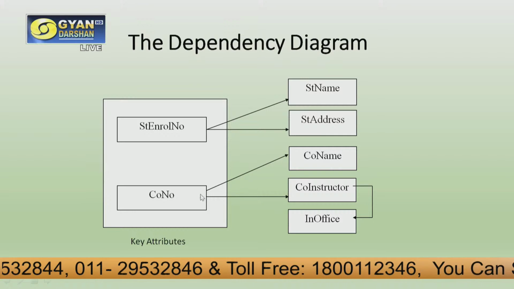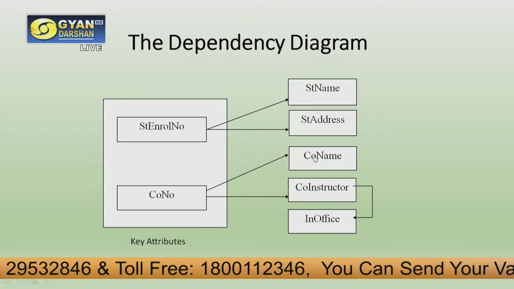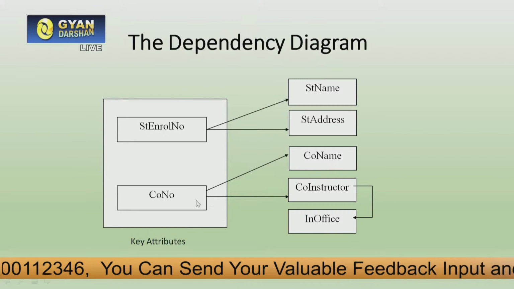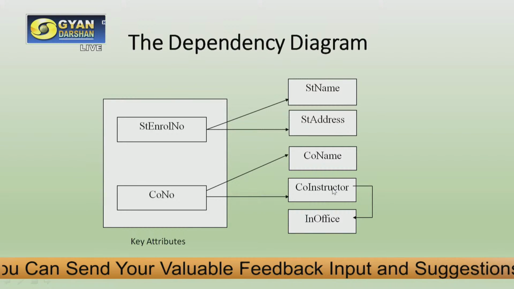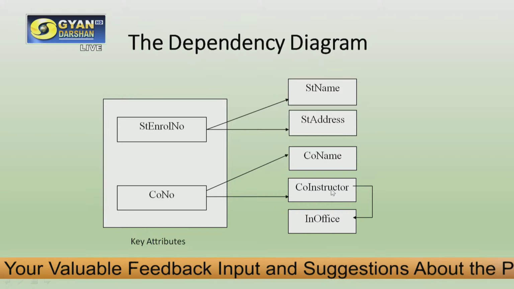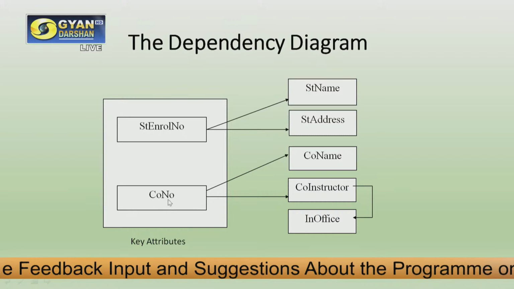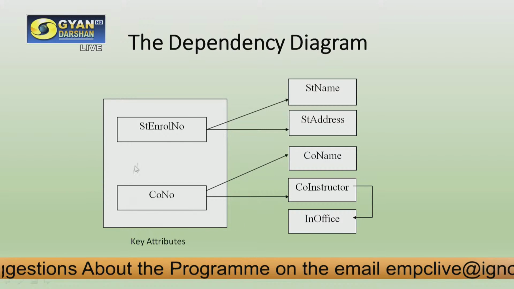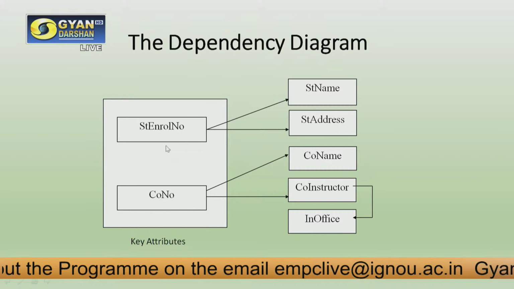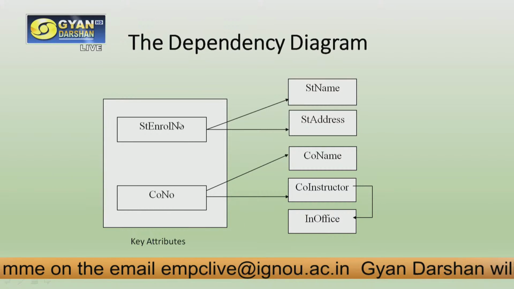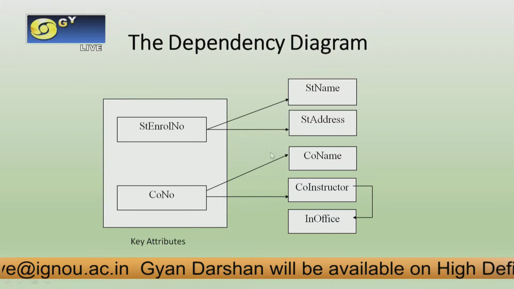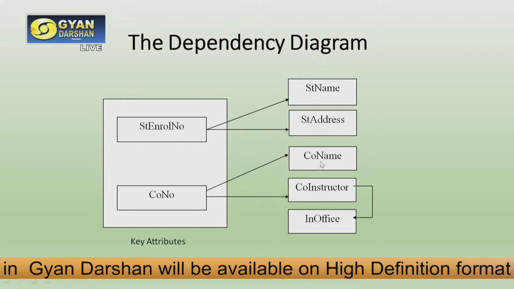Course number can clearly define the course name, and the course instructor name is dependent on the course number itself. So the diagram clearly shows that there is no fully functional dependency in this particular case.